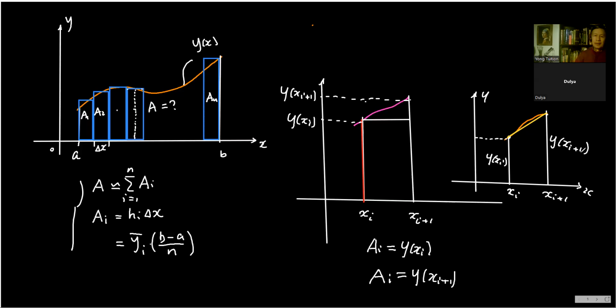So instead of looking for this rectangle, which in the first approximation we used as the approximation, this time we use something closer. The model is an even better approximation. Do you agree? So this time we just focus on this.